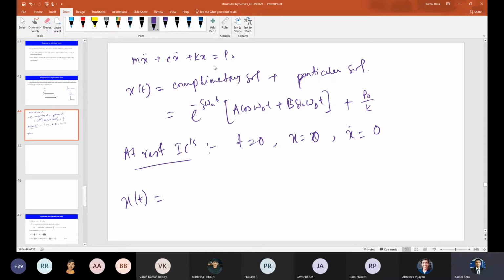Again I am repeating, we can do this by using Duhamel integrals also, and that is actually for your homework. Whatever expression you get, you get the same expression using Duhamel integrals. You have to integrate by parts actually.